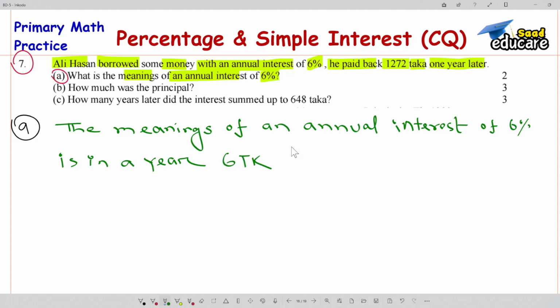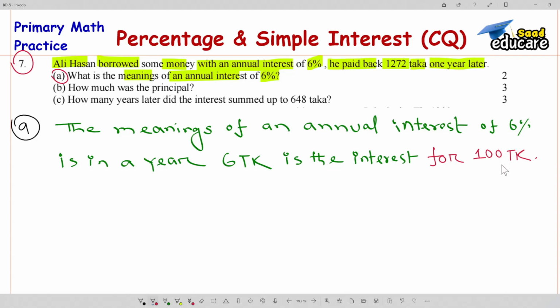is the interest for 100 taka. It means if you take some money from any other people or anywhere, you should pay 6 taka for 100 taka.